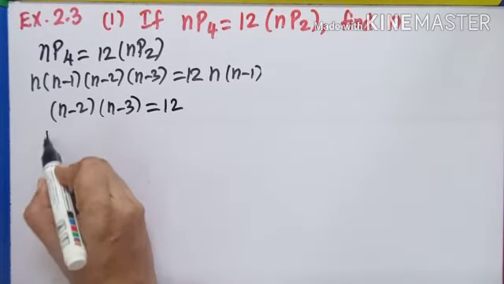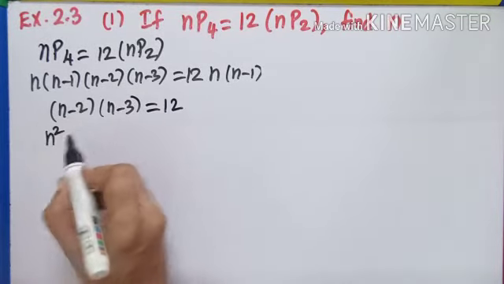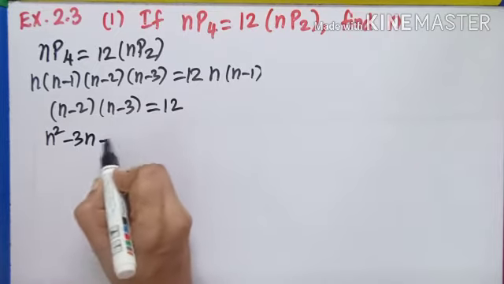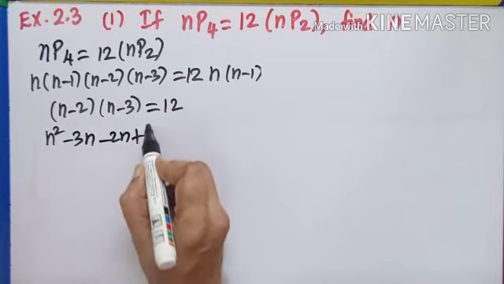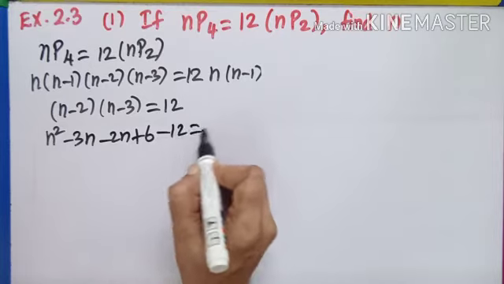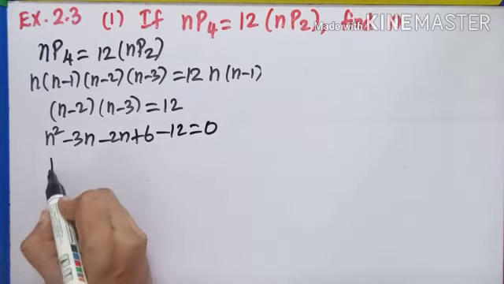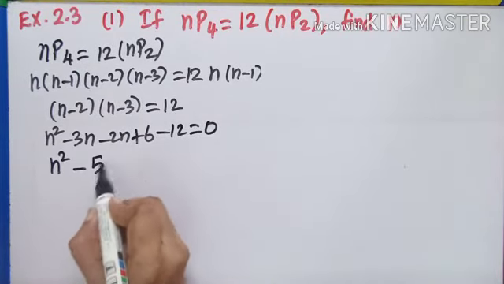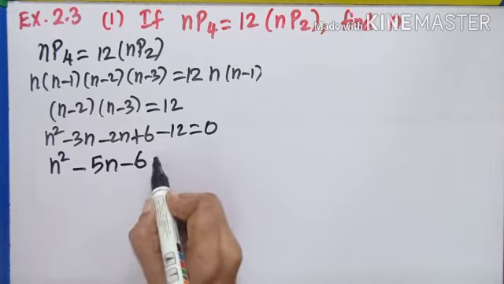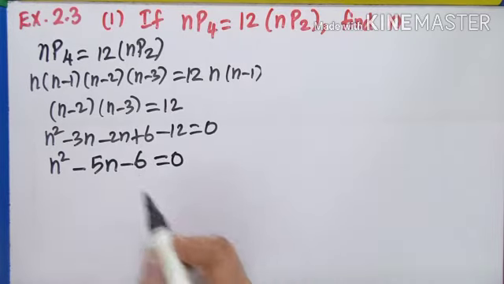Or multiplying this, n square minus 3n minus 2n plus 2 into 3, minus 12 equal to 0. Rewriting this, n square minus 5n minus 6 equals 0.